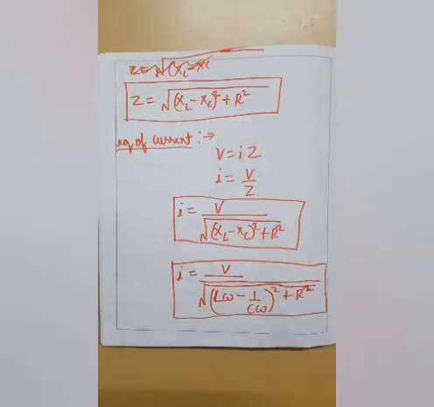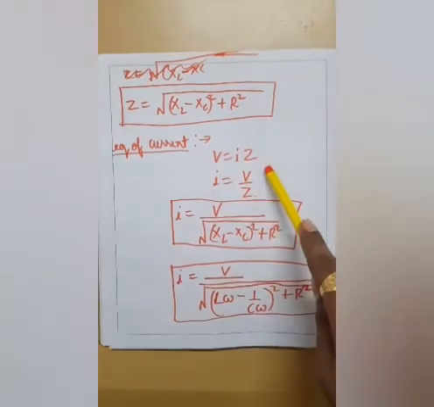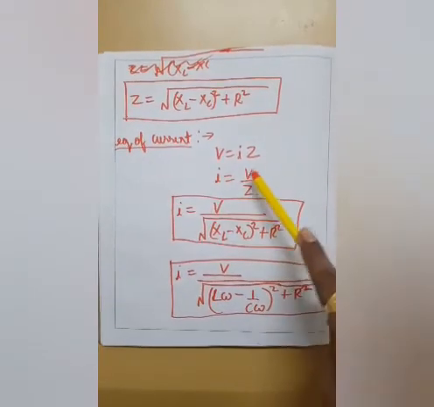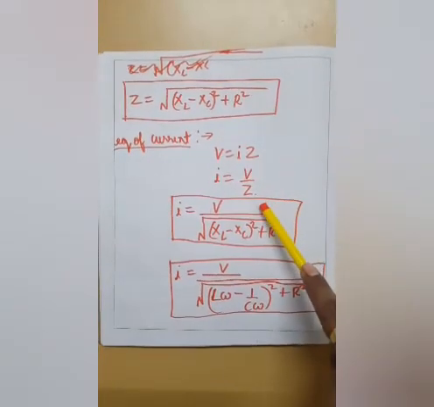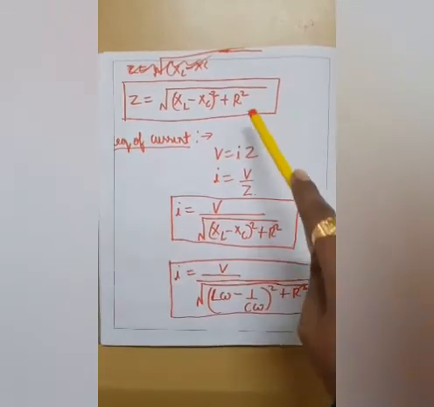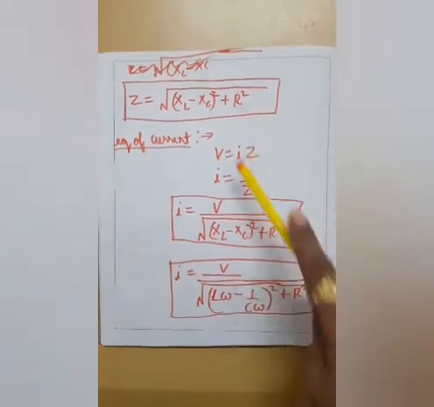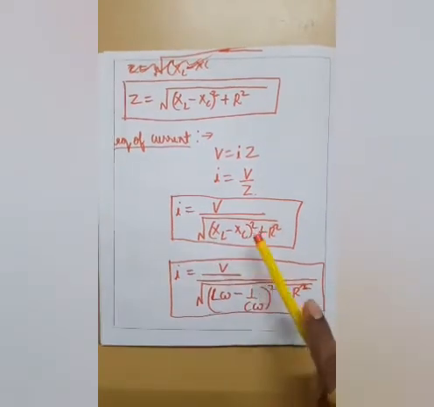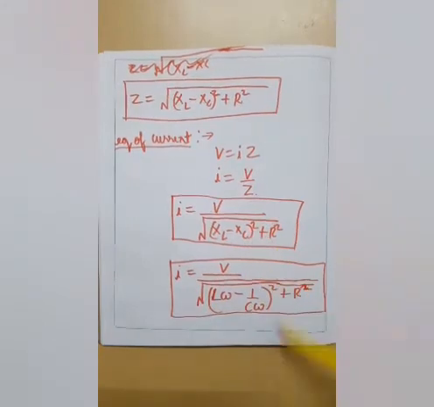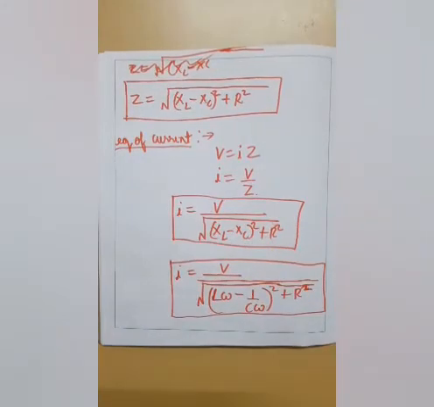If we want to find the equation of current, then we already know that V is equal to IR, but in place of R we are writing Z over here, impedance. So I would become V by Z. In place of Z we can write the equation of impedance, which I have found out over here. Further, if we want to open it, then in place of XL we can write L omega, and in place of XC we can write 1 upon C omega.